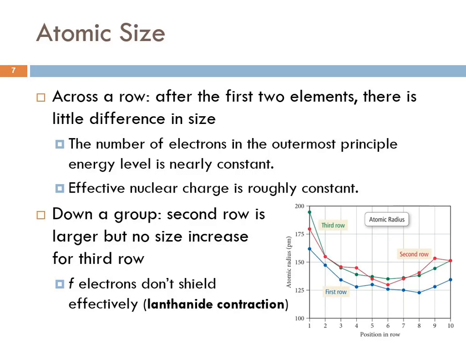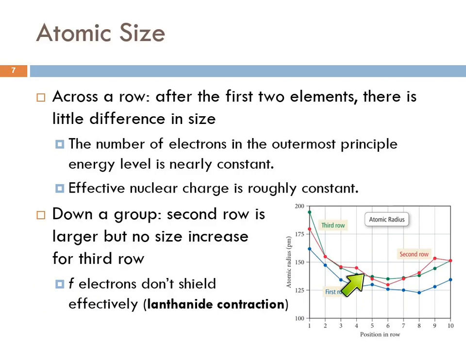So what's happening there is between the second and third row, we've added a subshell of f electrons. And it turns out that those f electrons do not shield effectively. So even though they are in there, they don't really count for the shielding.